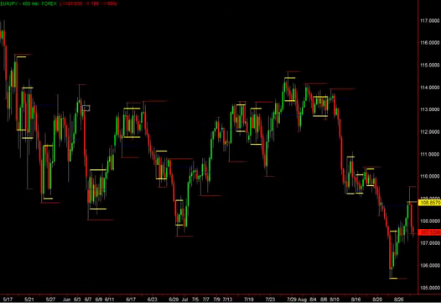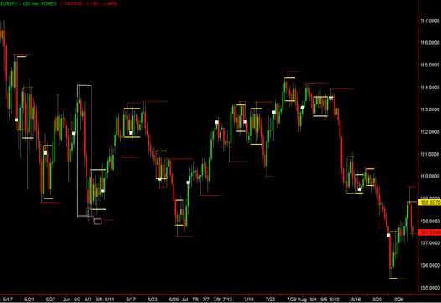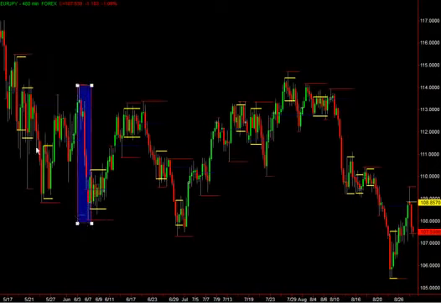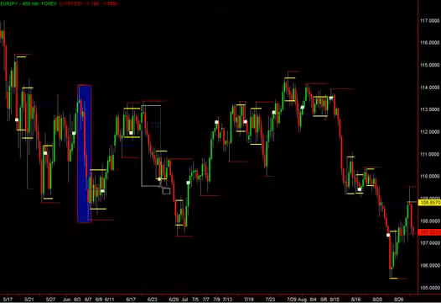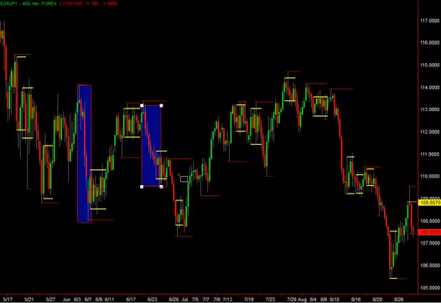So all I'm going to do right now is mark off literally where the balance of power has changed from bulls to bears, buyers to sellers, but not only has it changed, but we've seen a dramatic shift in that balance of power.